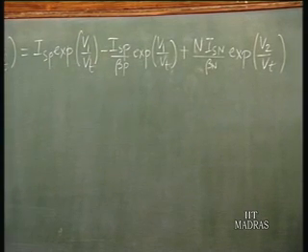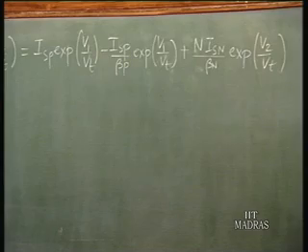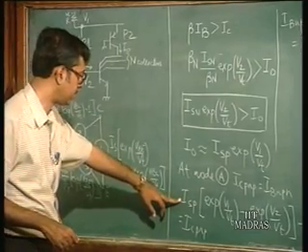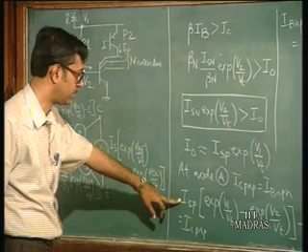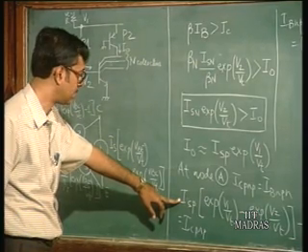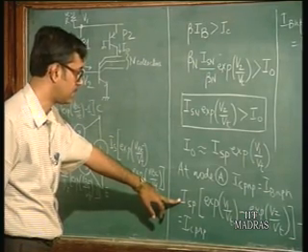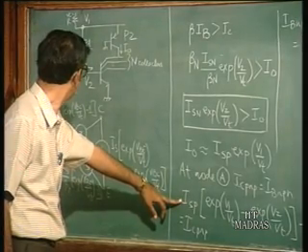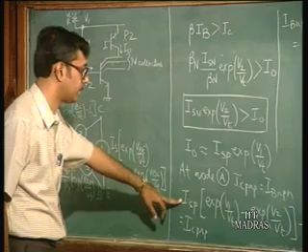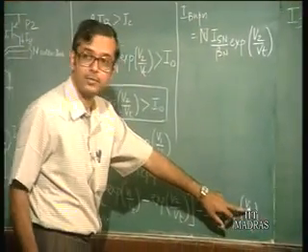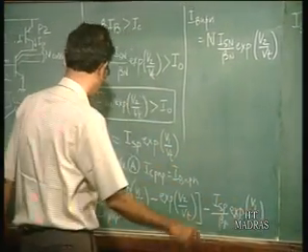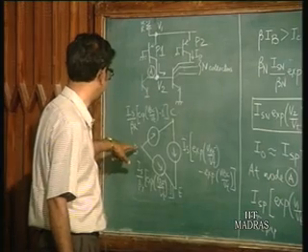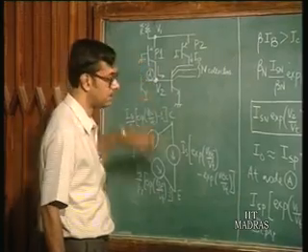I think there is some mistake somewhere. At node A, ISP exponential V1 by VT minus exponential V2 by VT minus the base collector term. Oh, this one is a mistake, I think. This has to be minus exponential. This is for the PNP, this is base collector, and this becomes V2.